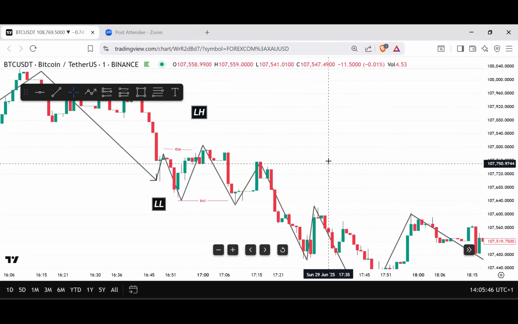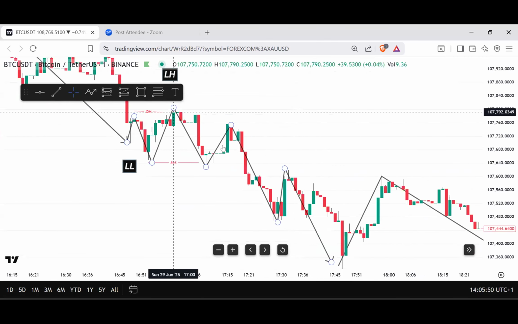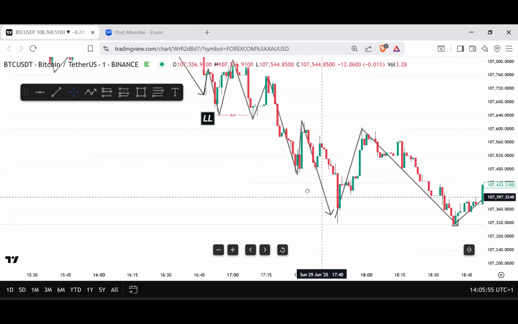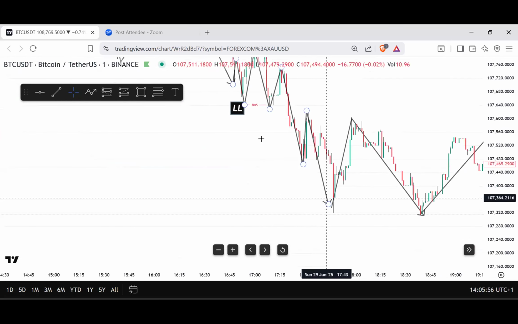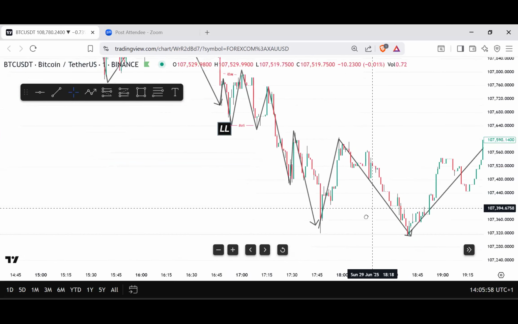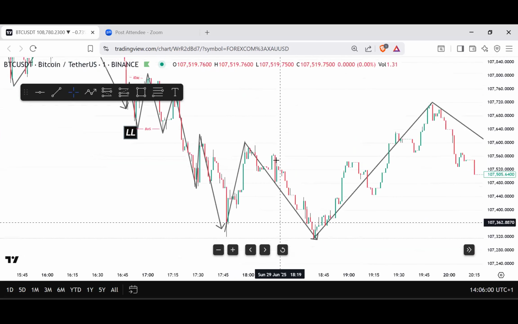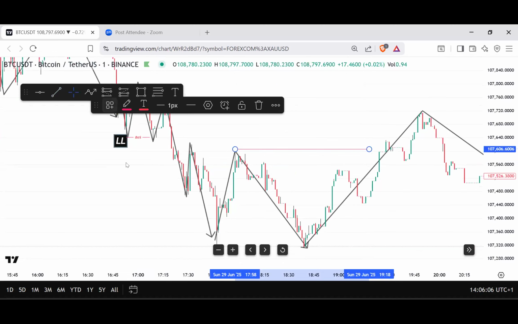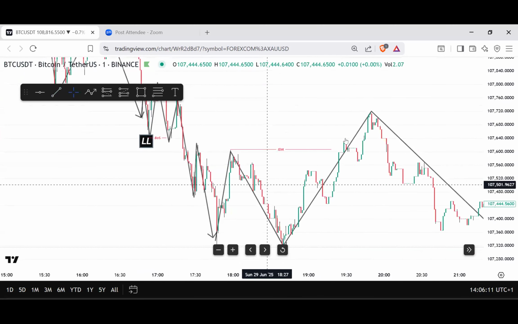It's a good one. So now we have another impulsive move to this downside. Again, starting from 1, inducement 2, then correction is 3.